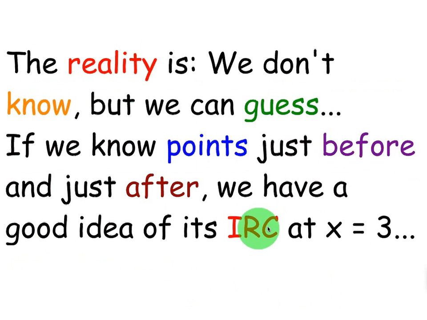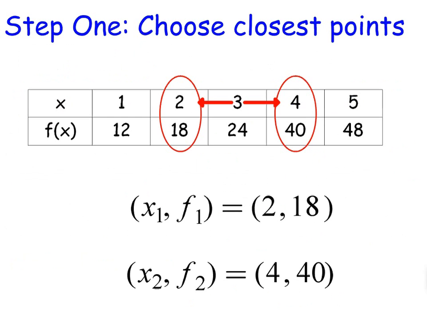Yesterday we looked at the difference quotient, f of x plus h minus f of x over h. It's the same concept. H becomes really, really small to the point where it's almost 0. But that's what a limit is, right? It's approaching 0, but it never gets there. And so, just like instantaneous rate of change, we're going to choose the 2 points that are closest to 3.